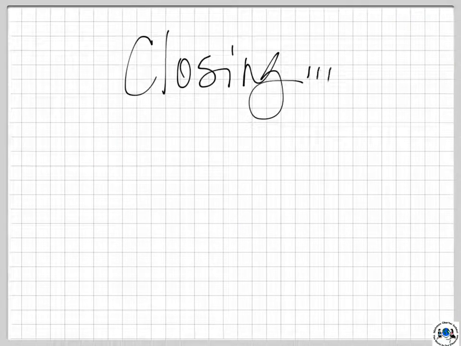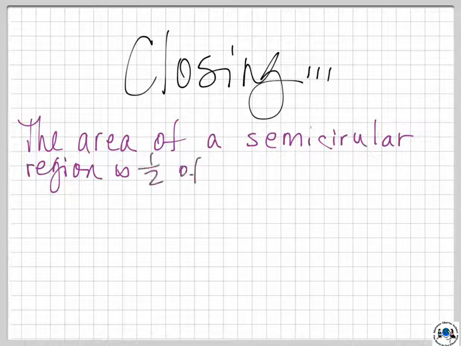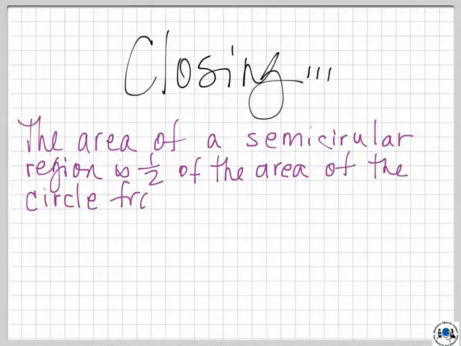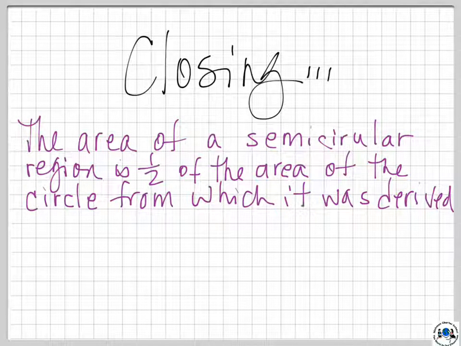Okay, so in closing, a few points here. Firstly, the area of a semicircular region is half of the area of the circle from which it was derived. That word derived means where it came from.